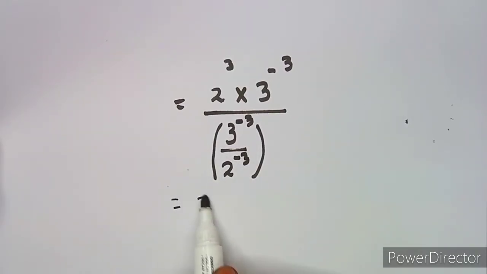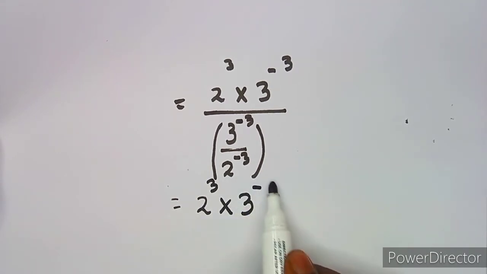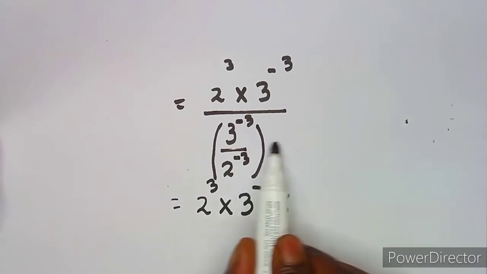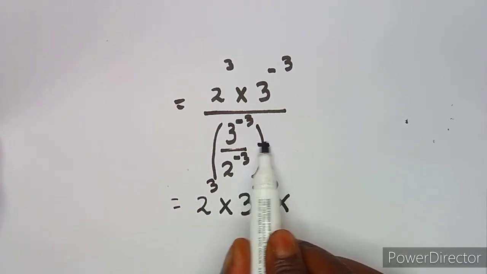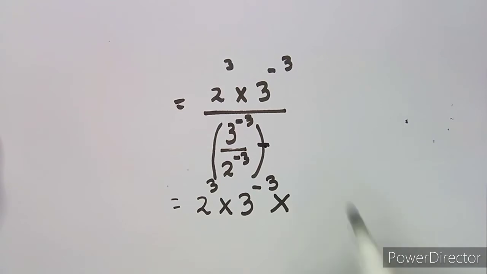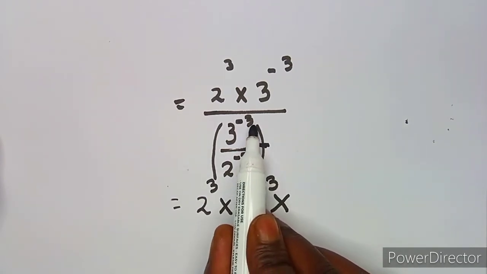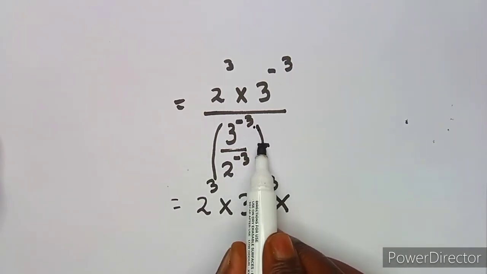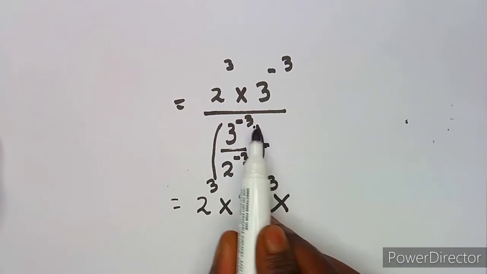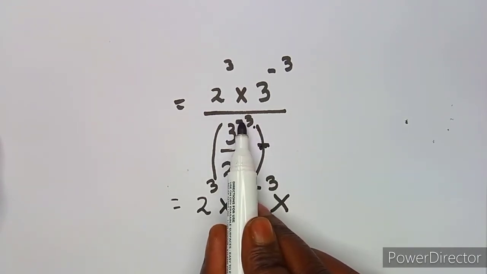So you're going to have 2 to the exponent of 3 times 3 to the exponent of minus 3 times, the moment you multiply, you're going to invert this. Or you can just write this as positive exponents, which is one other way, because it's given as over.